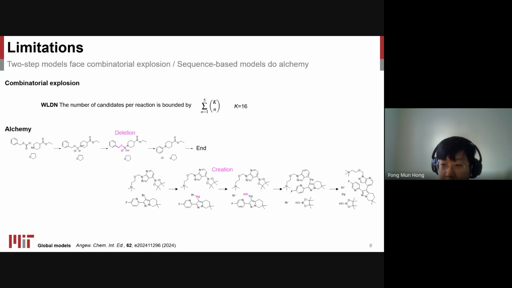They generate atoms or delete atoms, which causes alchemy, and that is not the intended thing. As we motivate the entire problem, we want to conserve mass throughout the entire reaction prediction.